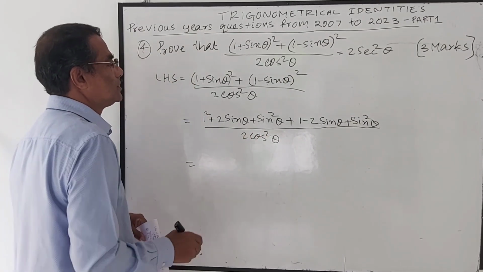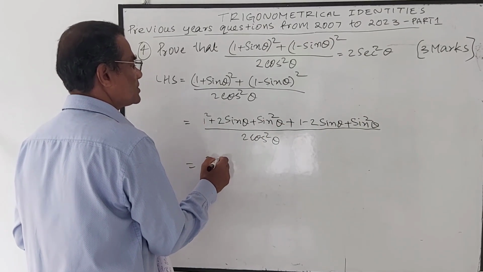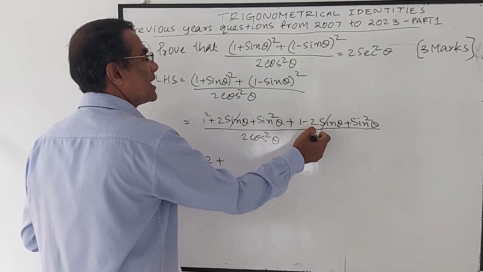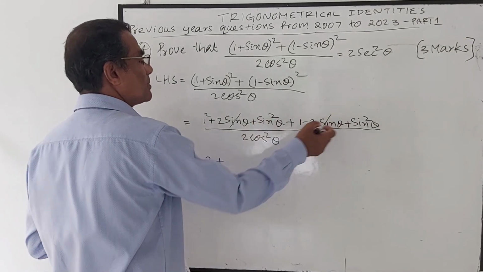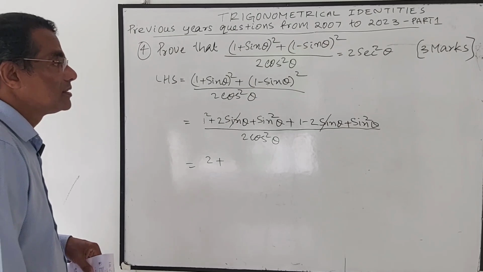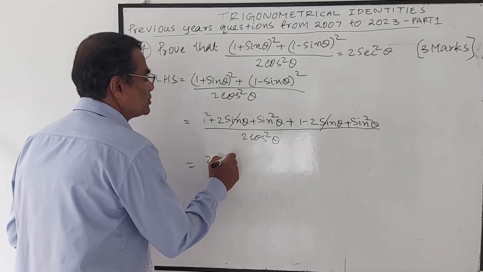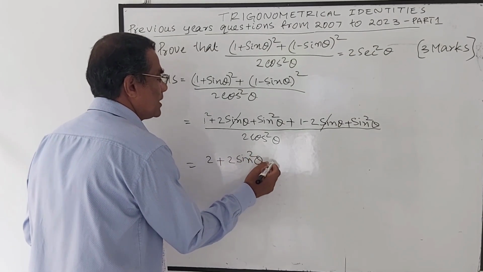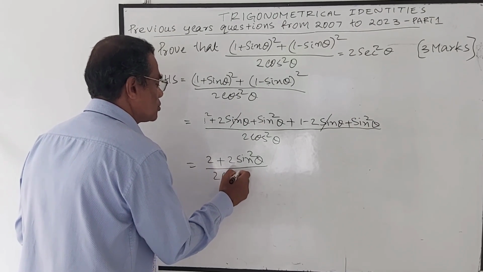Equal to 1 plus 1 is 2, plus 2 sin theta and minus 2 sin theta, that means 0. Sin square theta plus sin square theta, what is that? x plus x is 2x. So this is 2 into sin square theta divided by 2 cos square theta.